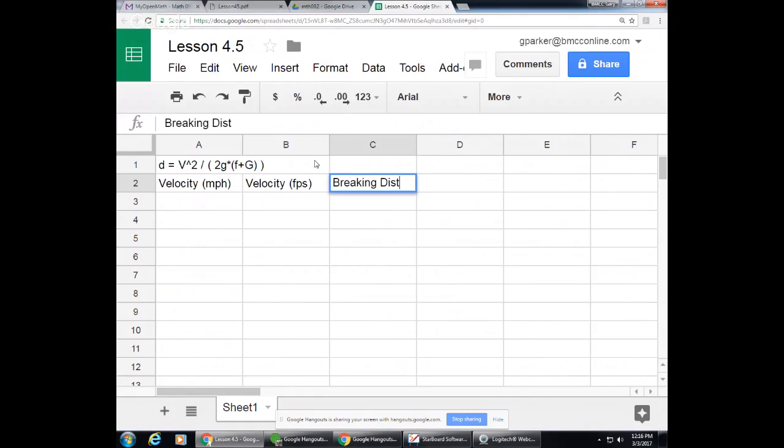And if the velocity is in feet per second, then we'll get a braking distance in feet. Okay, and we were asked to do this for 10 miles per hour. I'm not going to type the units because I've already noted them above. And 20 miles per hour, and 40 miles per hour, and 80, and then we can do some more if we want.